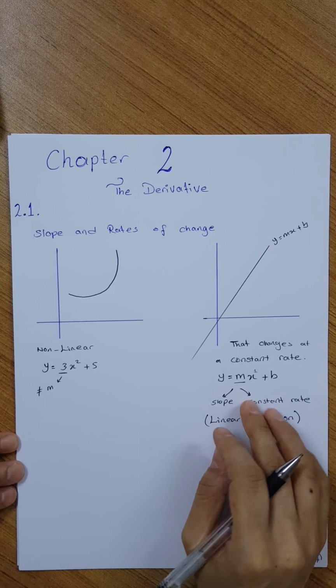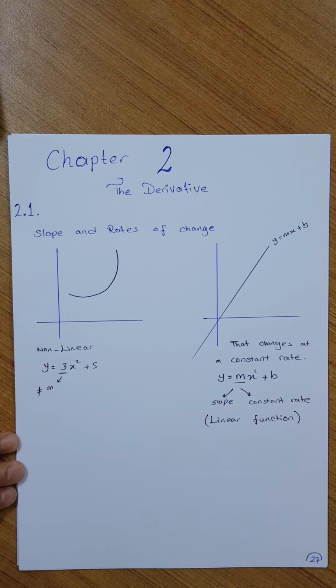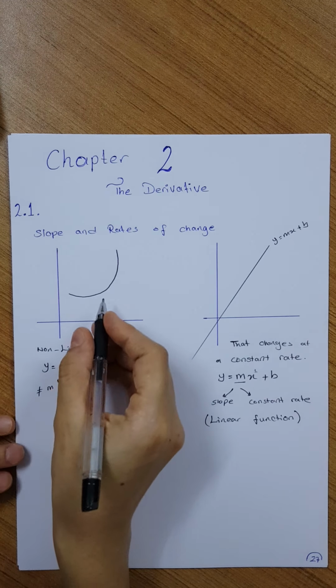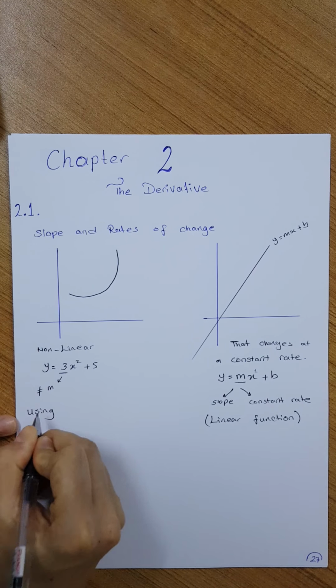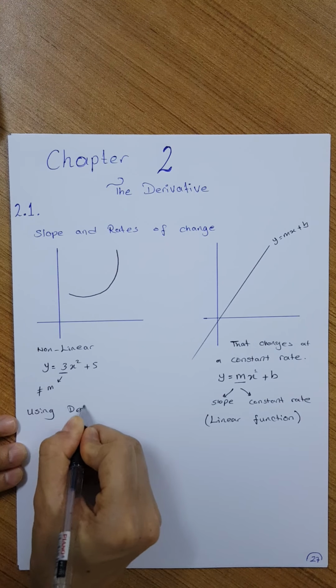In linear functions we were saying that this is the slope, but in nonlinear functions we cannot describe it like that. So how do we describe slope for a nonlinear function? We can find the slope of a curve at a given point by using derivatives.